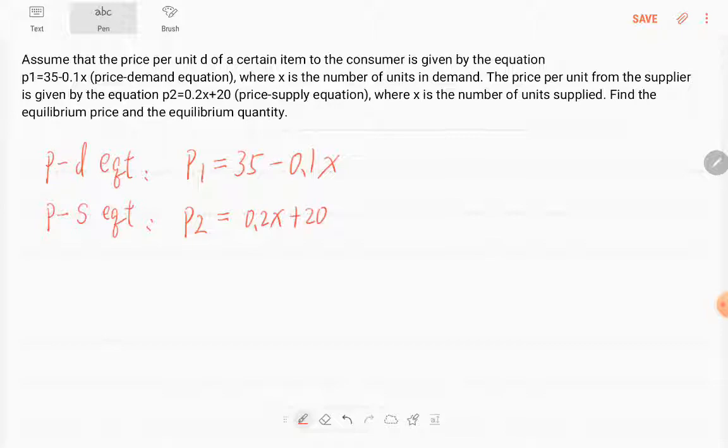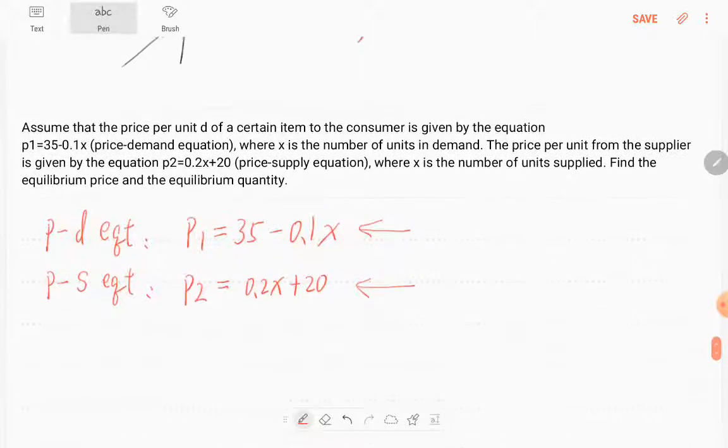In the first equation, x is the number of units in demand, and here x is the number of units supplied. So we want to find the equilibrium price and the equilibrium quantity. In other words, we want to find the equilibrium point of these two straight lines.